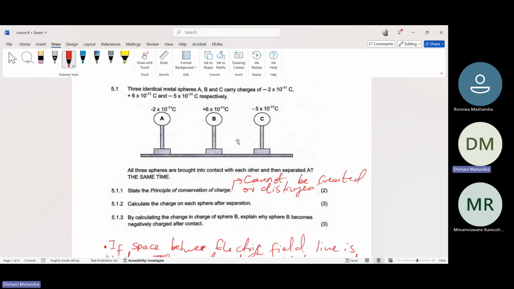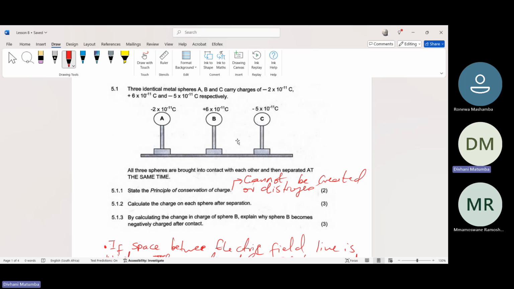That's why we have to add all of them. So when they now separate, it means that entire charge we had is now being split into three equal parts.